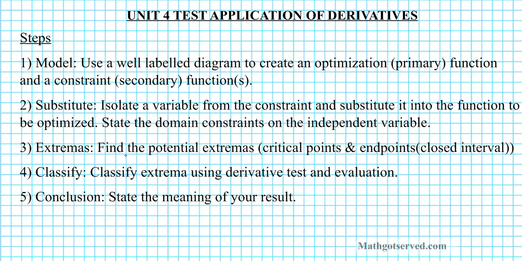And then part 3, you want to find your extremas. Okay, your potential extremas are a combination of your critical points and your endpoints if the interval is closed. Step 4, you classify the extrema, and then lastly state the meaning of your result.